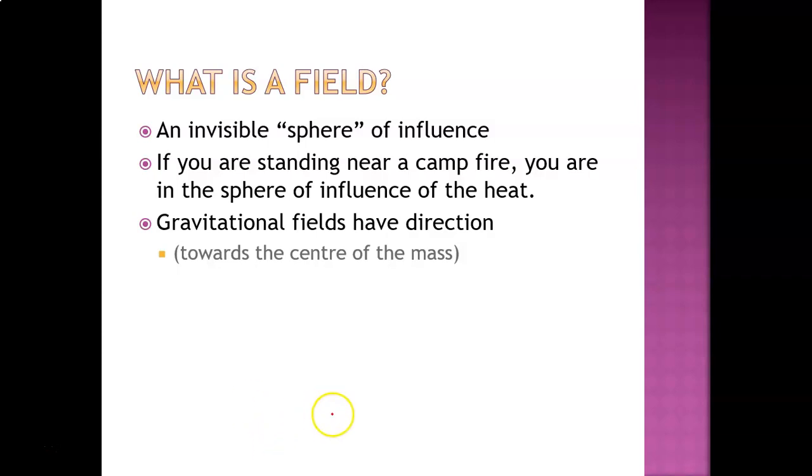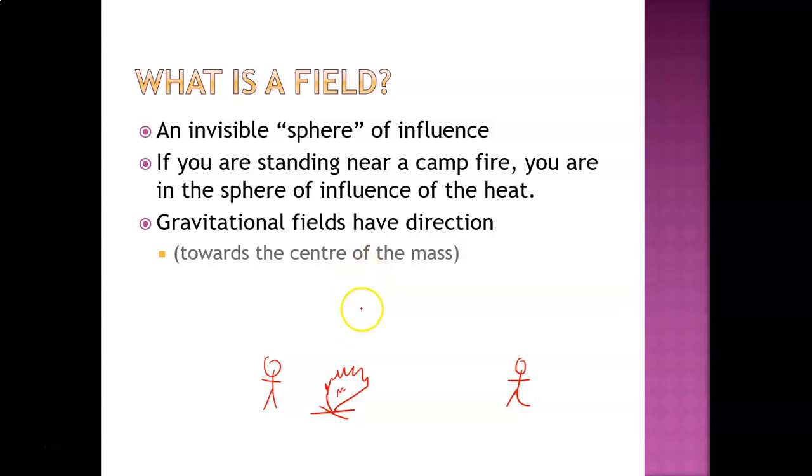Let's pretend that you're standing here, we've got a campfire, right? And all around it is heat, right? This person is feeling heat. It's under the influence of this campfire, and this person who's further away also feels the heat from here, but it feels a lot less, right?